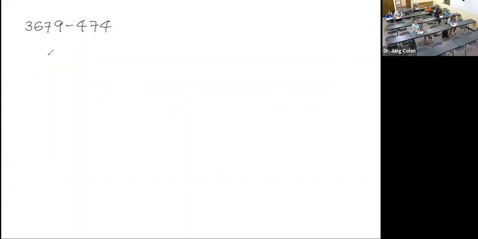Let's do this together actually. Okay, how would you solve this one? I actually didn't know other than the simple algorithm, because you don't have to regroup any of them.